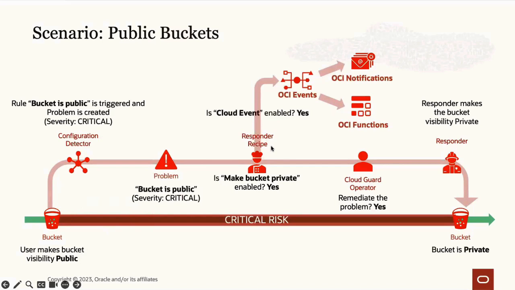Next, we're going to have a responder recipe. Depending on your system, you might be using OCI events. And if OCI events is enabled, there's two different ways this could go about. Number one is a function.